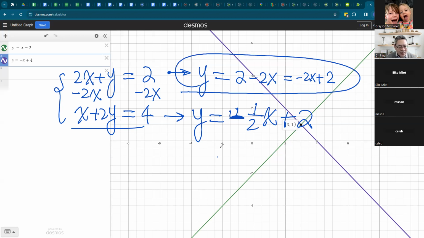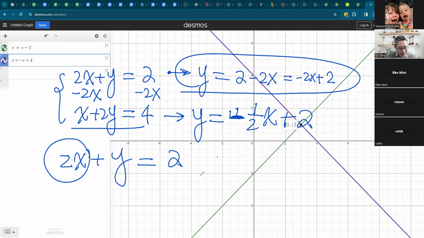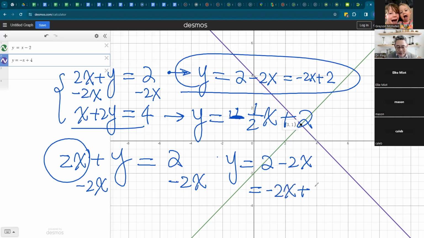Yeah. Second one. Well, we got 2x plus y equal to 2. Now we need to move the 2x to the right-hand side, right? So to do that, we just need minus 2x on the left, but anything we did on the left, we had to do on the right. So therefore, we got y equals to 2 minus 2x, which we can write as negative 2x plus 2.